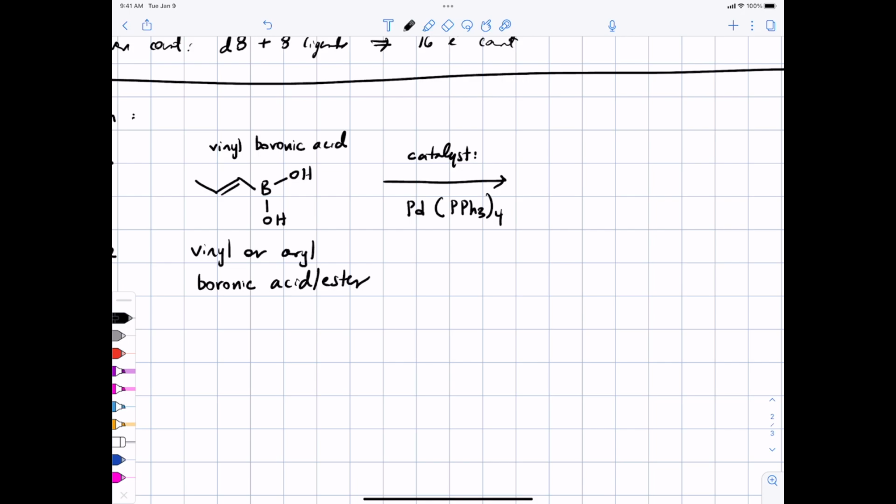I will say this reaction works so well that it's been an active area of research to see whether or not you can get it to go without the palladium. And so occasionally over the past 5 to 10 years, you'll see papers in the literature that say, ooh, a palladium-free Suzuki reaction.